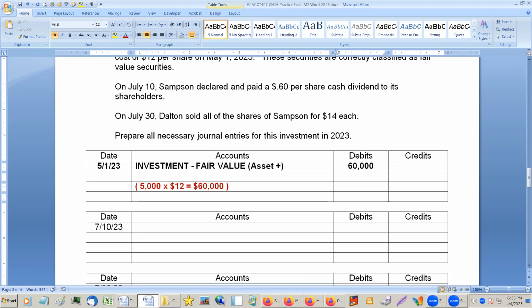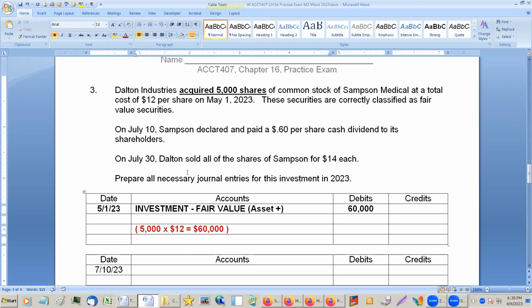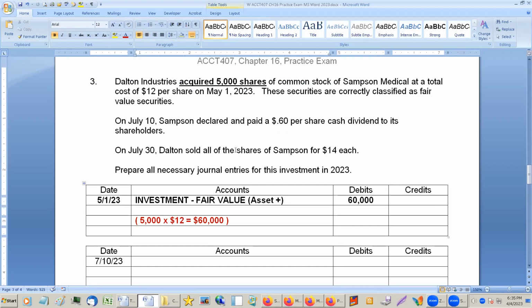And the easy part is we paid cash for it. Not so easy. 60,000.